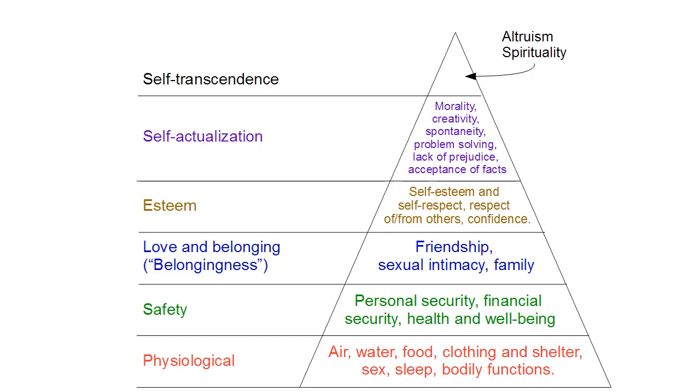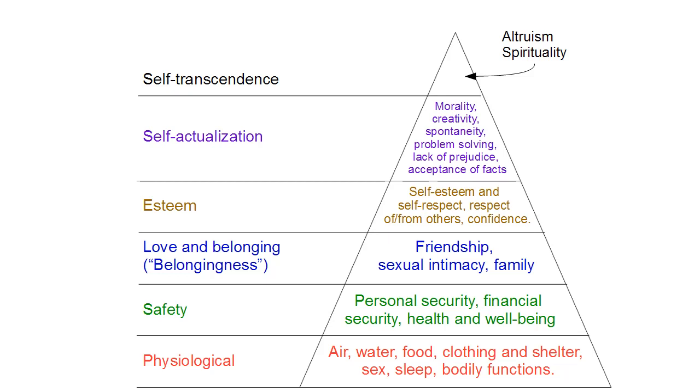So in deciding what your priorities should be, you would see what category the decision you're needing to make between various things would fall into. If it's something more basic, something that's going to meet your physiological needs, then obviously that is going to take precedence over self-actualization or self-transcendent needs.